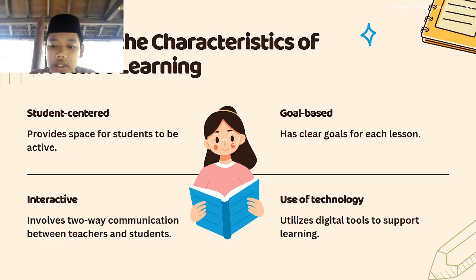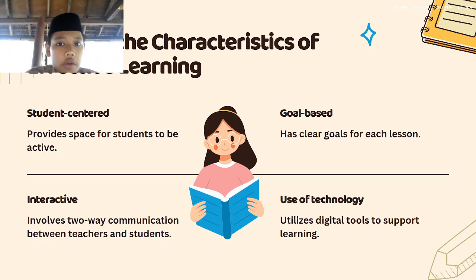Second is goal-based, with clear goals for each lesson, and interactive, meaning two-way communication between teachers and students. Like when we use ice breaking, playing games that make your brain more active, and it makes communication between the teachers and students.